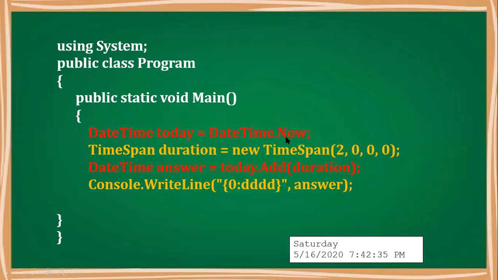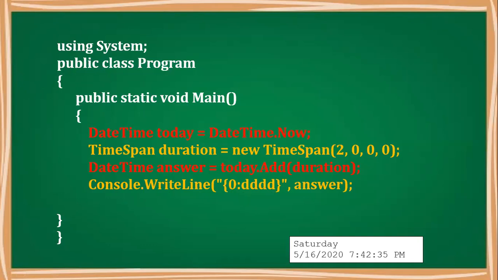Now is a property. So whenever we write Console.WriteLine, we have to instruct the compiler, because this is not a string, so we want to convert it into a string in a specific format. In .NET, there are some specific string literals you can write in curly brackets.